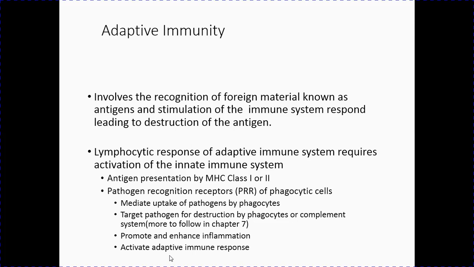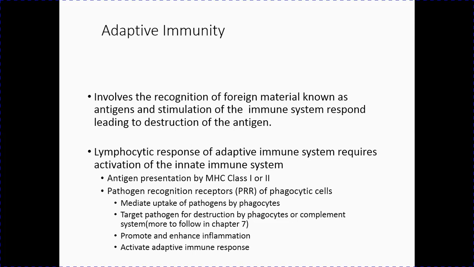But recognition by these receptors on phagocytic cells can do a couple of things. It can facilitate the uptake or phagocytosis by phagocytic cells. It can target the pathogen for destruction by that complex series of steps in the innate immune system of complement.